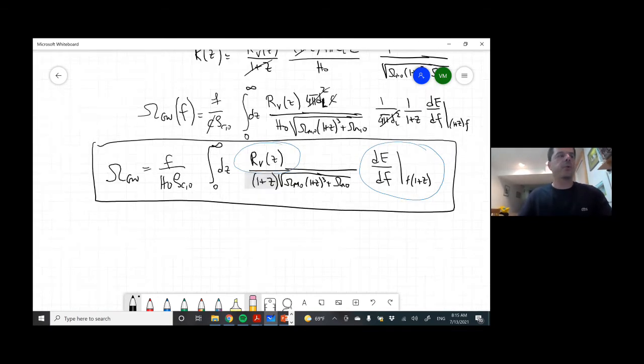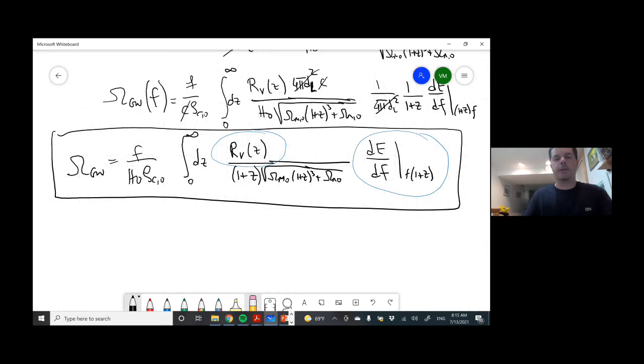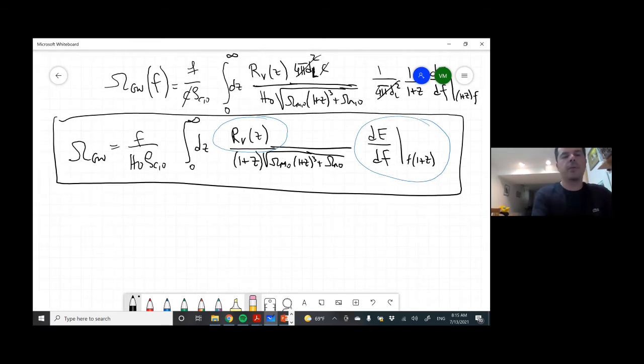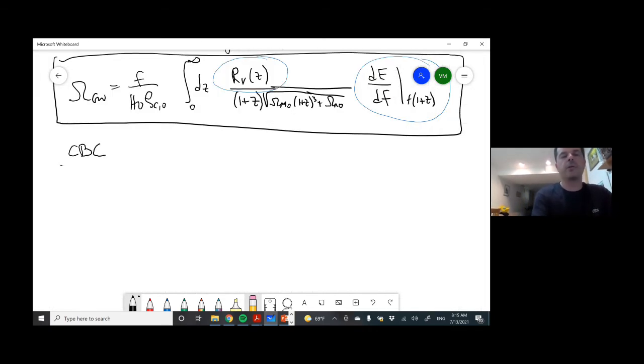So the next step is to apply this to the compact binary coalescences. Again, we're going to use this master formula, but we will adjust the RV and dEdf for each model. So for the compact binaries, as you probably know, these are compact objects.